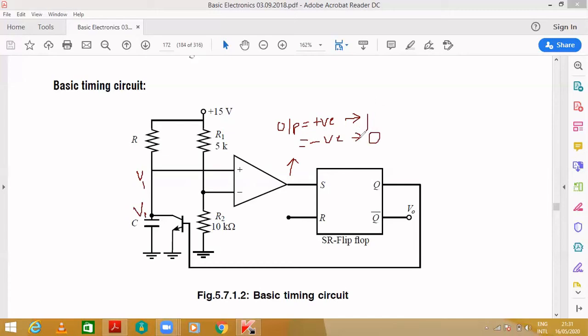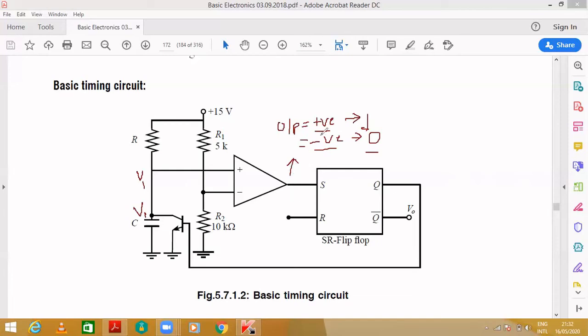So depending upon the output of the op-amp, as it is an analog circuit but this is a digital one, if the output is a positive value, it will be taken as 1. If the output of the op-amp is a negative value, it will be taken as logic 0. So first, let's assume the output of the op-amp.